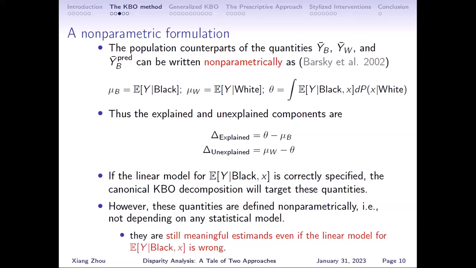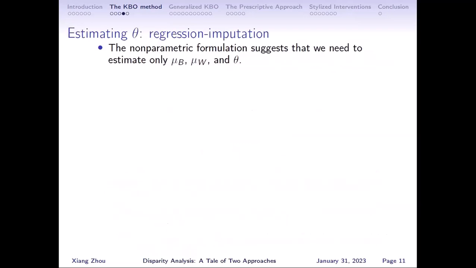Or even if we specify alternative models, nonlinear models, logit models, probit models, or even flexible machine learning models, we can still define the quantities in exactly the same way, right? So this basically decouples the KBO decomposition from the linear models on which it is routinely based, right? So it eliminates the model dependence of our estimates.